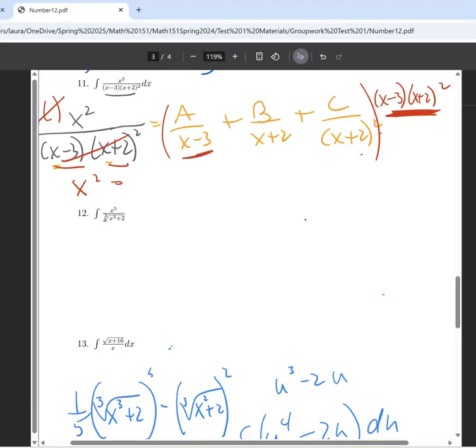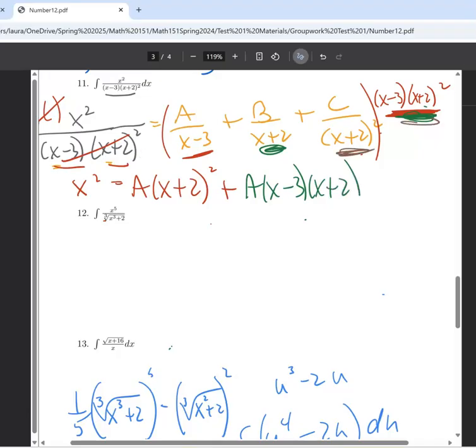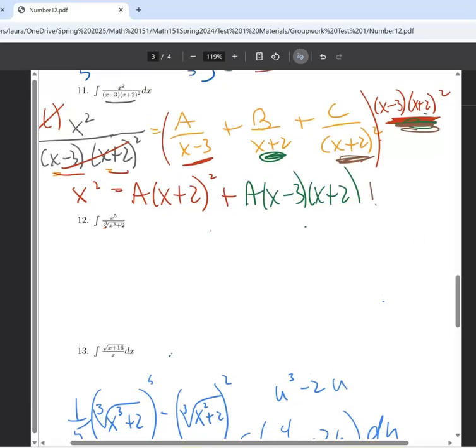This times this, the x minus 3's cancel, so I just get that, plus, when I multiply this times this, one of the x plus 2's cancels, and then when I multiply this times this, the (x plus 2) squares cancel, so I get C times (x minus 3). All right.